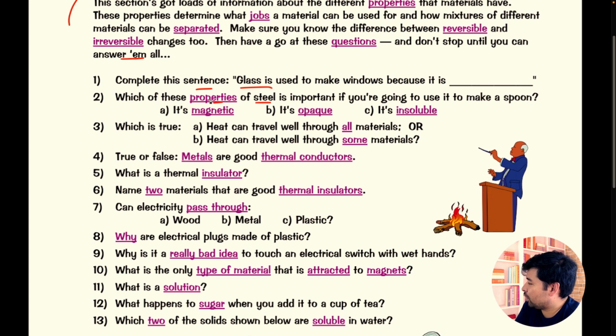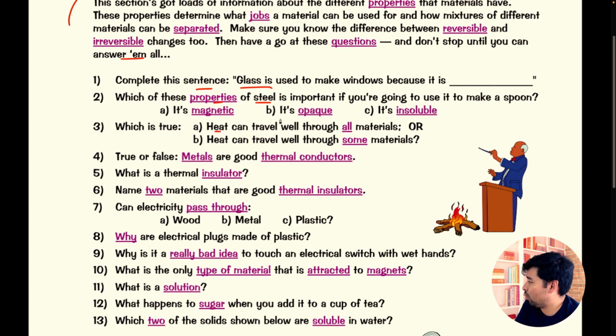Number 3. Which one is true? Heat can travel well through all materials, or heat can travel well through some materials. Teacher, I don't remember what heat is. Go back to the page before. So we are talking about heat here.